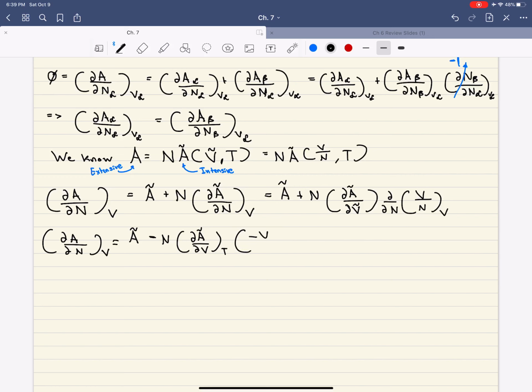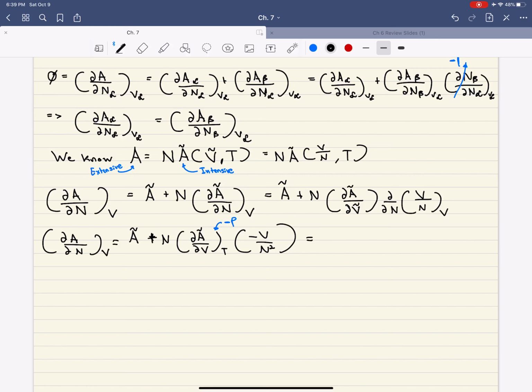So we have this. And once again, we have dA dV at constant T. And we know from earlier that this is just equal to negative pressure. Okay? Should be a positive sign here.